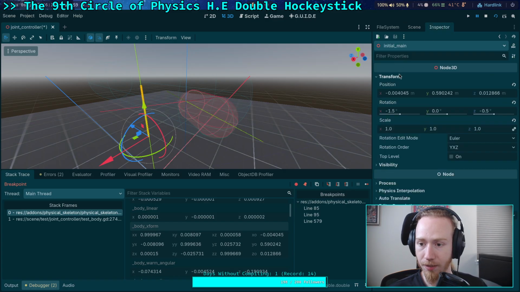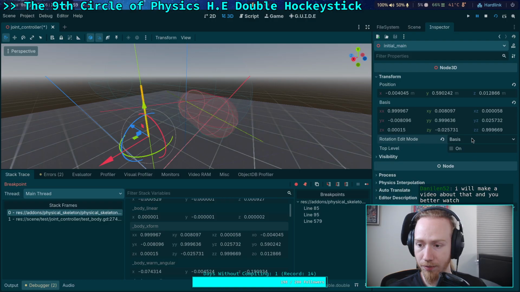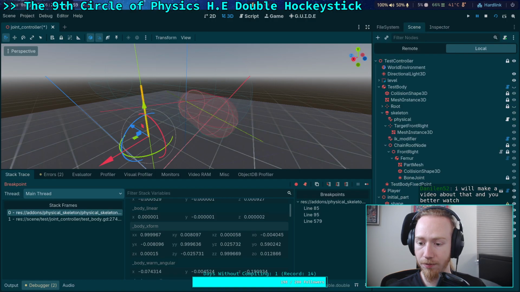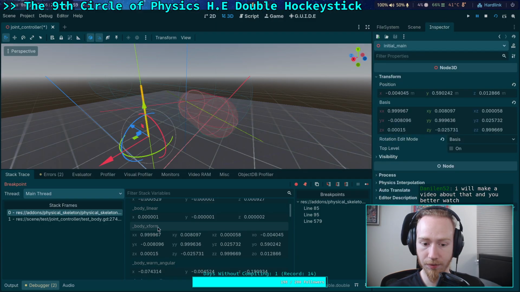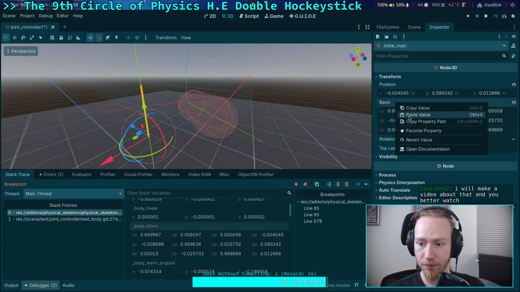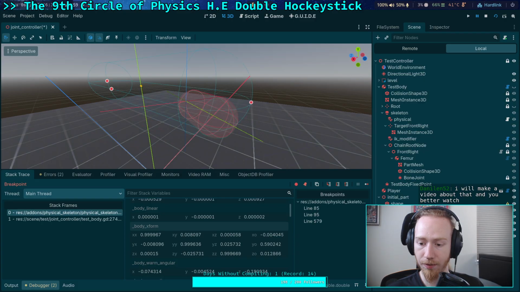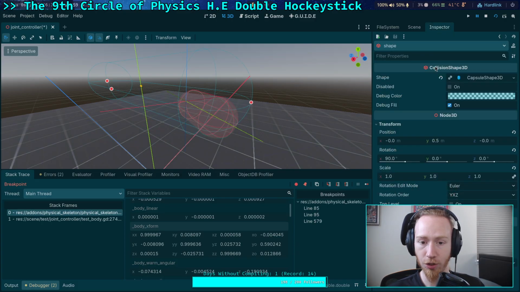Okay, but this is correct. It's body, yeah. Yeah, that's all right. And the shape.